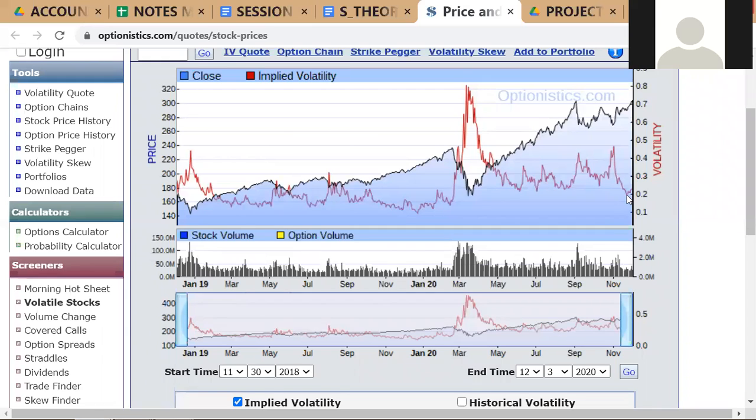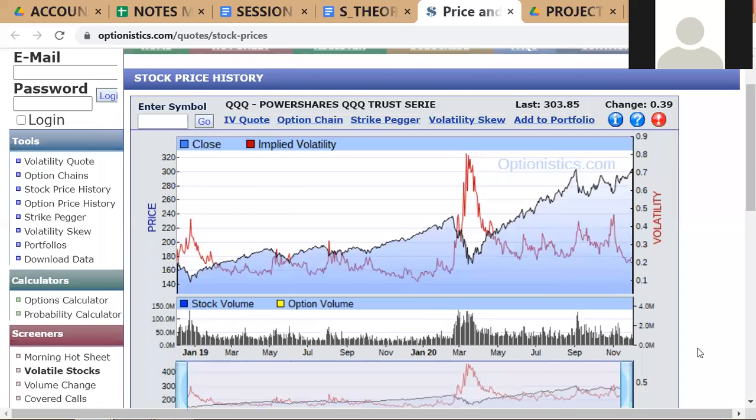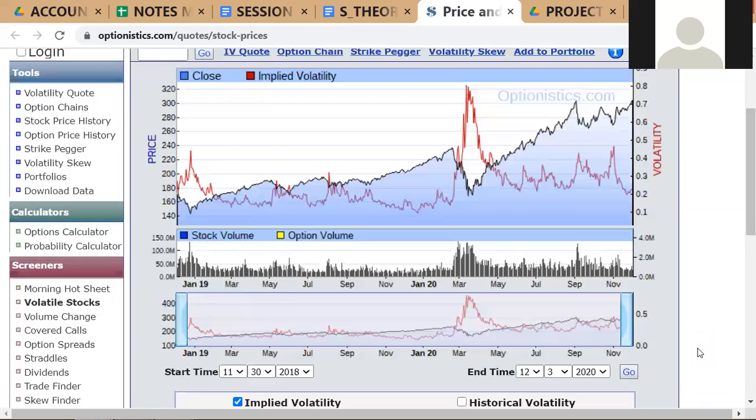What I'm saying is that this analysis has to be repeated, which I've written in your notes as well, every day, or as frequently as you would like. Ideally, you should look at it quite frequently.